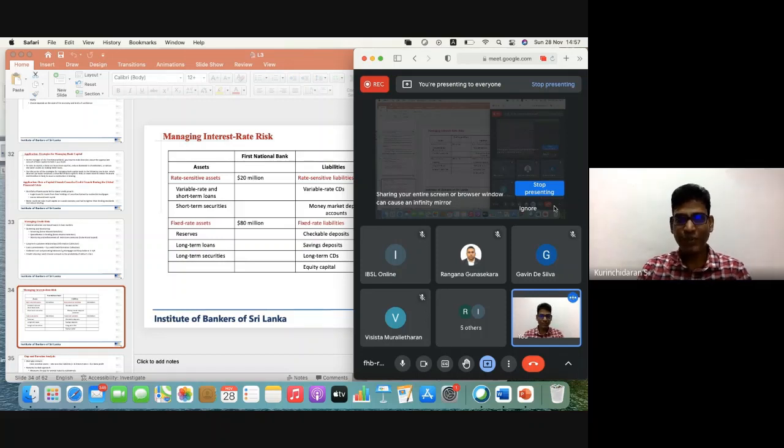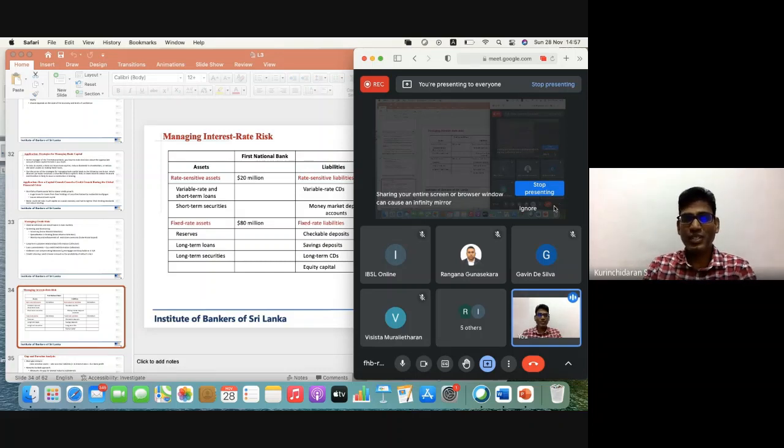You take assets and deduct liabilities from that. We call it the maturity gap. We put different maturities into different buckets, put the assets first, deduct the liabilities of similar maturities, get the gap, and see whether it's a positive gap or negative gap.